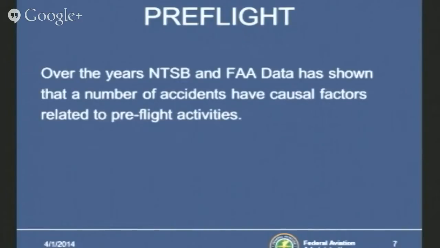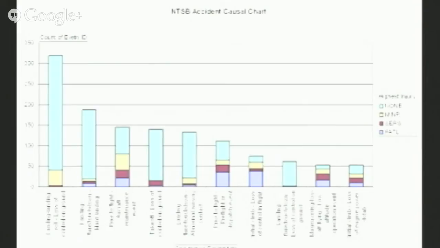Over the years, NTSB and FAA data has shown that a number of accidents have causal factors related to pre-flight activities. While loss of control flights lead the pack when it comes to GA fatal accidents, the NTSB accident data from 2000 to 2009 shows poor pre-flight inspections caused or contributed to 156 GA accidents and 41 fatalities.